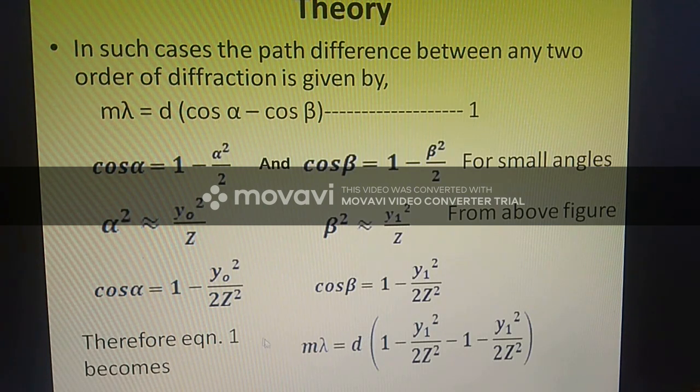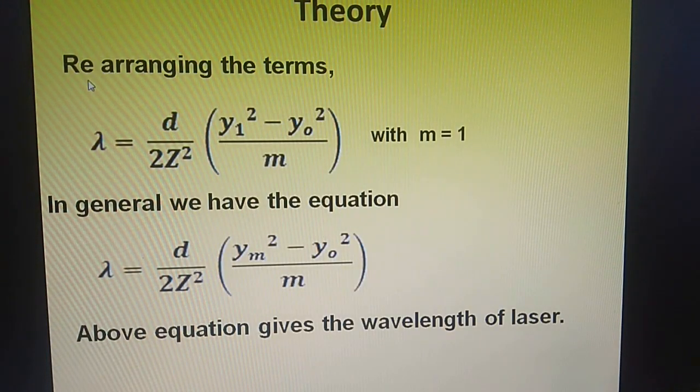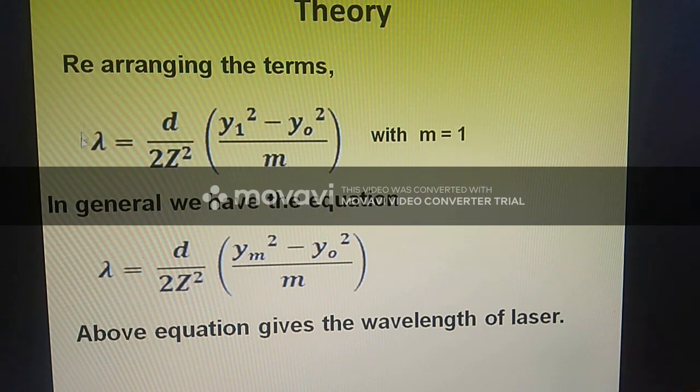So m lambda equals, we get the final equation. Rearranging the terms, we get y equals d divided by 2z square, (y1 square minus y0 square) divided by m. This is the final equation, for m equal to 1, where the order of diffraction is 1.